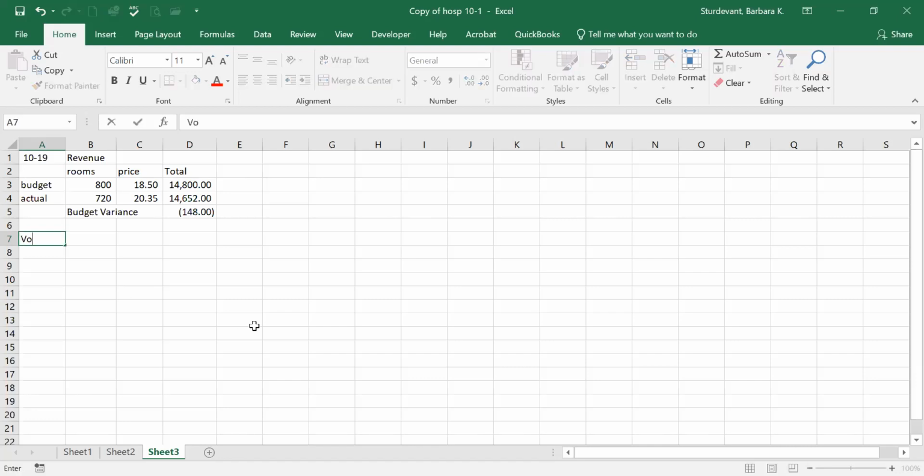So if we do the volume one first, I know that in my parentheses, because I want the actual to be higher, I'm going to take that number and subtract this number.